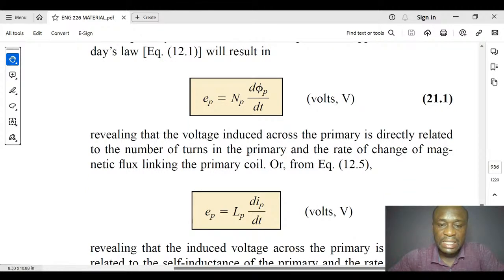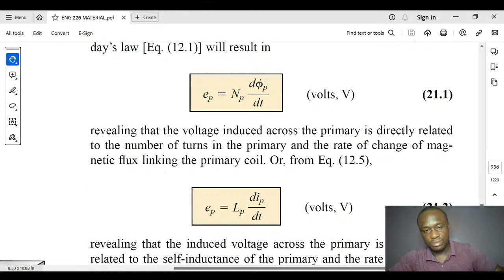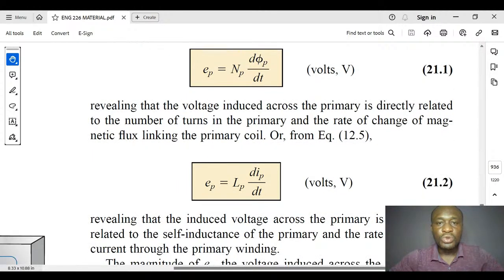And that being said, you convert this because in our first class, we discussed that the rate of change of charge is called current. Are you following me? The rate of change of charge is called current.